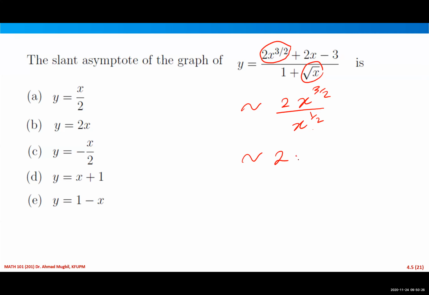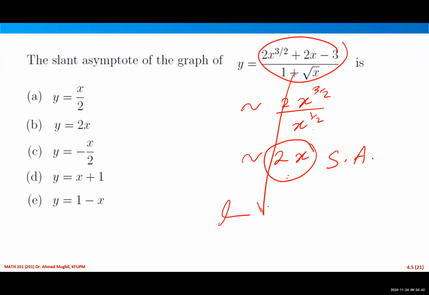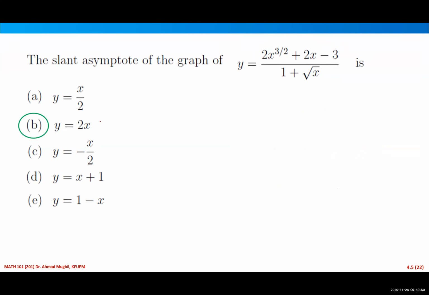If you subtract the exponents, 3 over 2 minus a half, it is to the power 1. It is a line. So it is nominated to be a slant asymptote. What you need to do is check that the limit of this minus this, when x goes to infinity or negative infinity, is 0. And you can see that the slant asymptote of this graph is 2x.